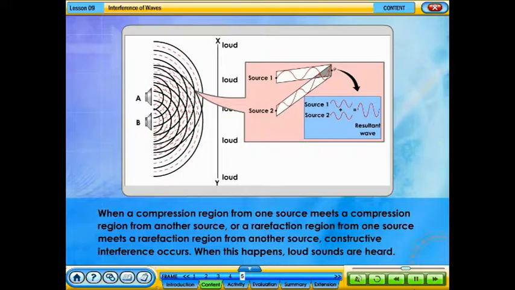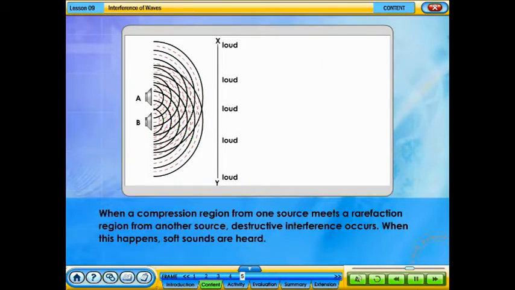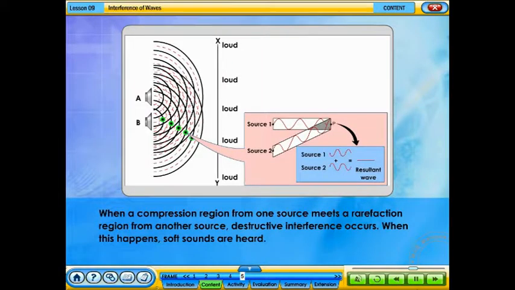When this happens, loud sounds are heard. When a compression region from one source meets a rarefaction region from another source, destructive interference occurs. When this happens, soft sounds are heard.